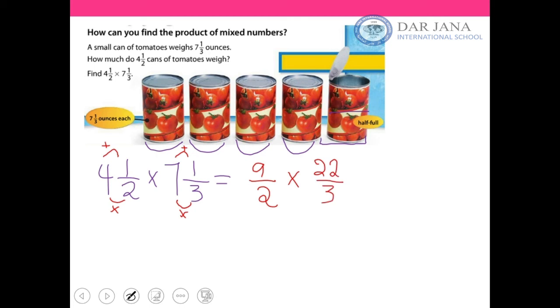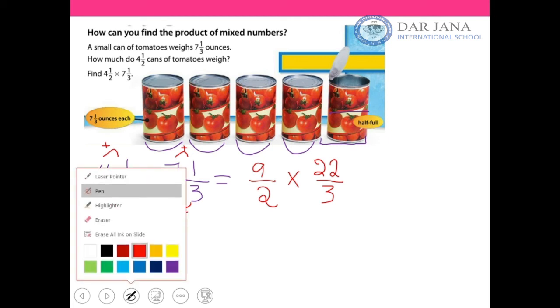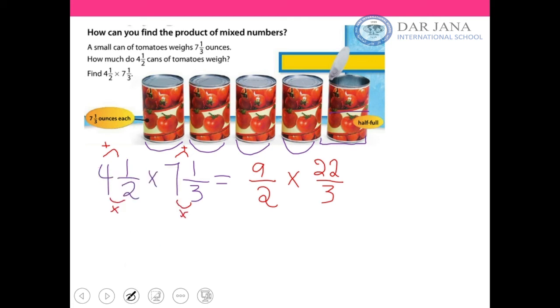And then now I have them fraction by fraction. I try to simplify if possible. So I'm going to try to simplify any numerator with any denominator. Here, 9 and 3, I can divide them by 3. And then the 2 and 22 I can divide by 2. I will rewrite the fractions. 9 divided by 3 it's 3, 2 divided by 2 it's 1, 22 divided by 2 it's 11, 3 divided by 3 it's 1.